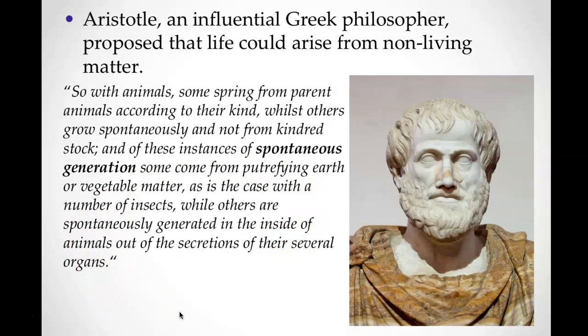That's going to be maggots. That is what he's referring to: animals are dying and then all of a sudden, out of nowhere, maggots are appearing. Therefore, there is a spontaneous generation of life from non-life because the animal's dead. All right. That is from Aristotle.